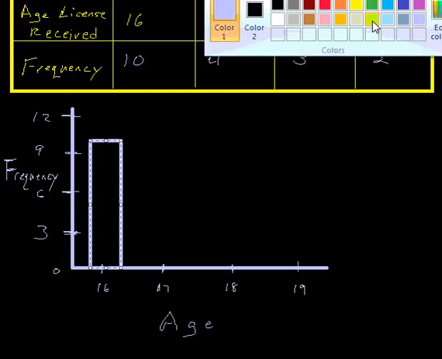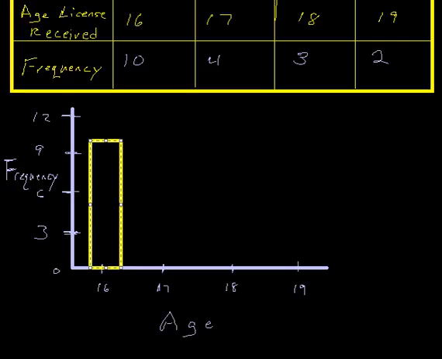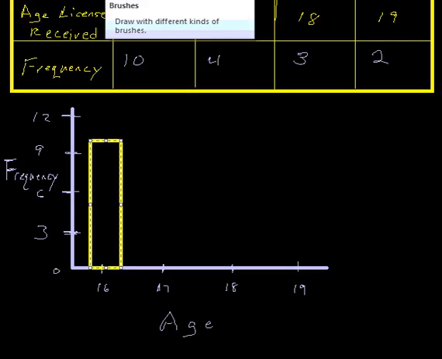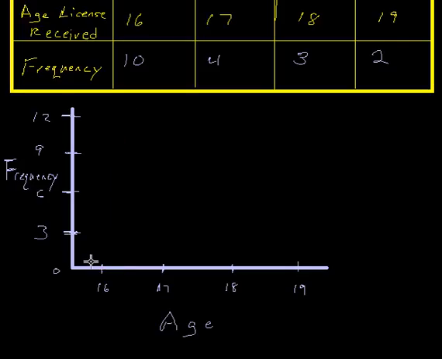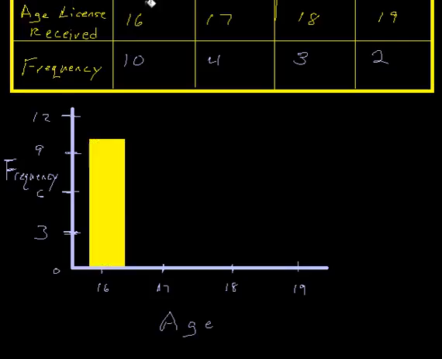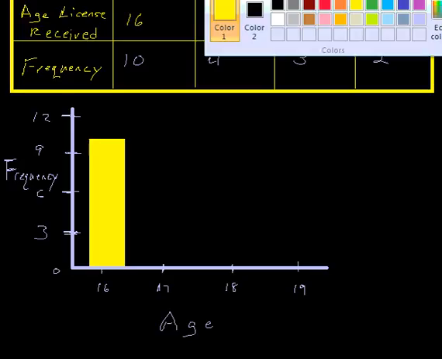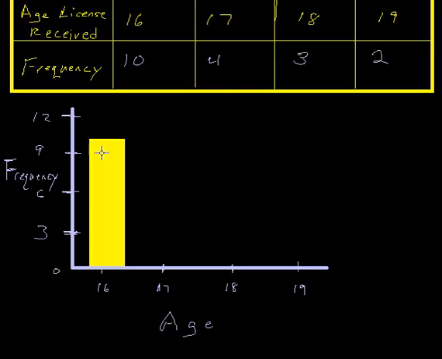I'll change his color and fill him in. Moving on to the next shape and a new color: at age 17, 4 people received their license.